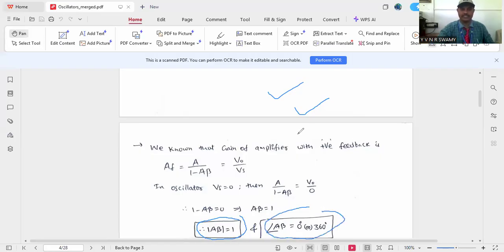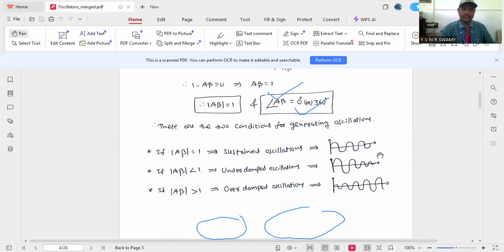These are the two conditions for generating oscillations. If A beta is equal to 1, then it produces sustained oscillations. These are the sustained oscillations. If A beta is less than 1, then it produces underdamped oscillations.